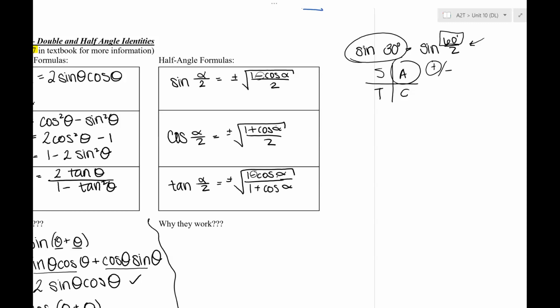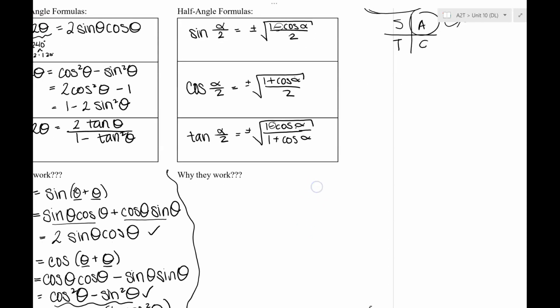Okay, so why do these work? Well, I'm going to let theta equal alpha over 2, and these half angle formulas actually come from the double angles. It's pretty fantastic. We have to say that theta is going to be alpha over 2 because let's use the cosine one.